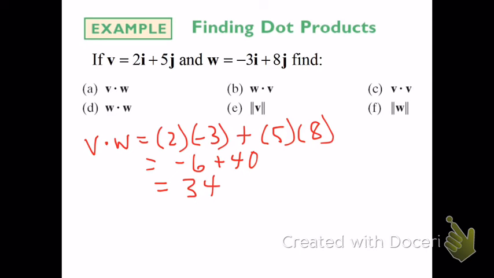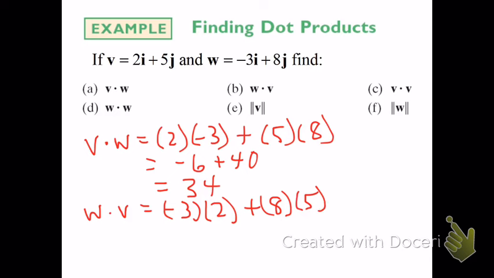Okay. What do you think is going to happen when you do w dot v? Well, let's do it real quick. We've got -3 for the w horizontal component, and the horizontal component of v is 2, and 8 is w's vertical component and 5 is v's.